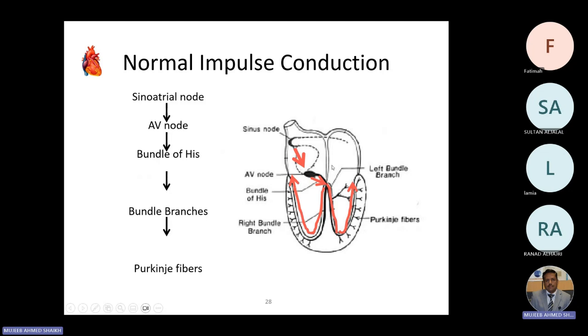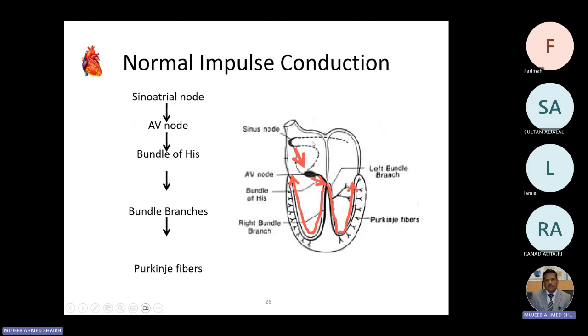If the atria depolarize first, that means they will contract first, while the ventricles are in a relaxed position. So if the atria contract, the blood will be pushed and the ventricles will be filled. When the ventricles depolarize later, they will contract and push the blood. So this delay is ensuring the proper filling of the ventricle.